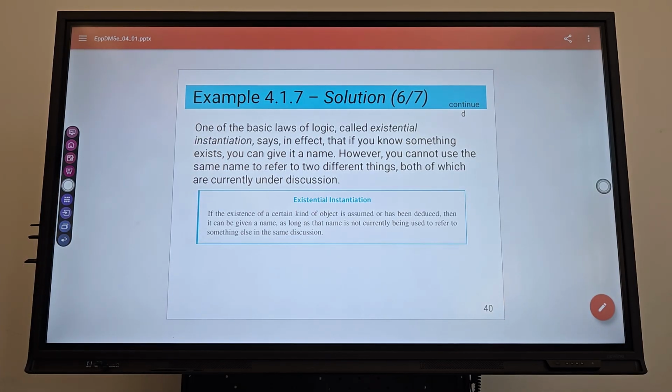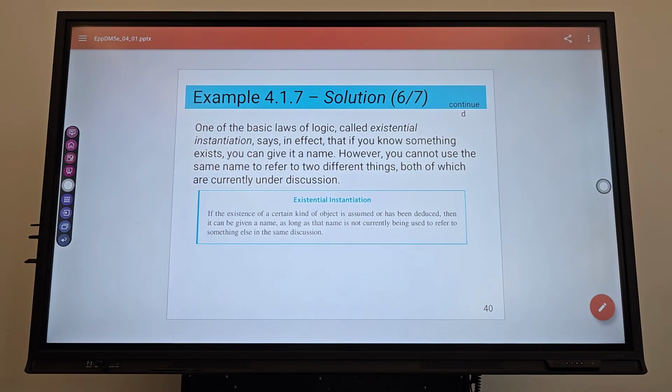One of the basic laws of logic, called existential instantiation, says, in effect, that if you know something exists, you can give it a name. However, you cannot use the same name to refer to two different things, both of which are currently under discussion. It's kind of like using a variable in a computer program. You can only use it for what you're using it for.